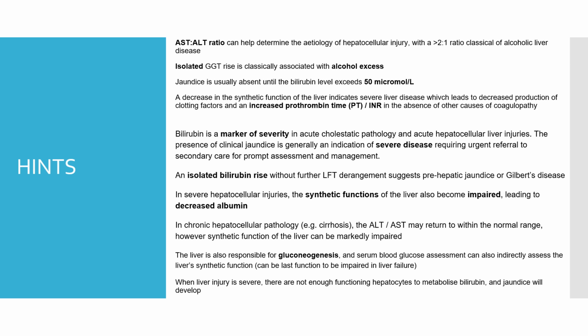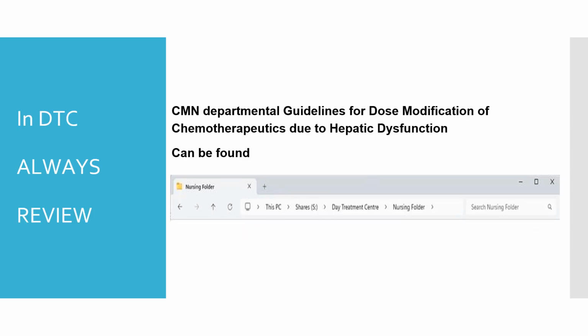And we need to assess that as well, because that can be impacted if the liver's function is impaired, and it can be the last function to be impaired in liver failure. When liver injury is really bad, that's a bad sign, obviously, and it's not got enough liver cells then for metabolizing bilirubin, and jaundice can develop.